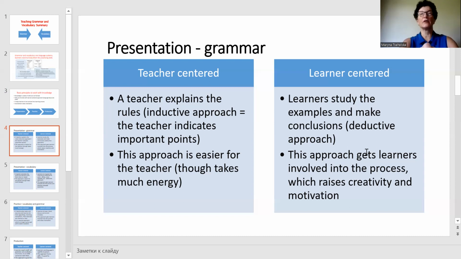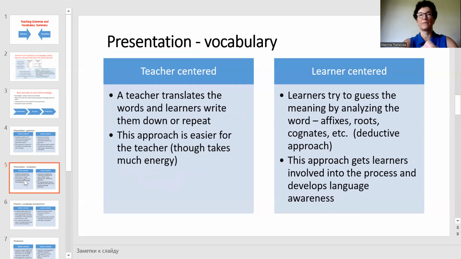So they're trying to elicit, and this approach gets learners involved in the process. And as we just said, it greatly raises creativity and motivation.